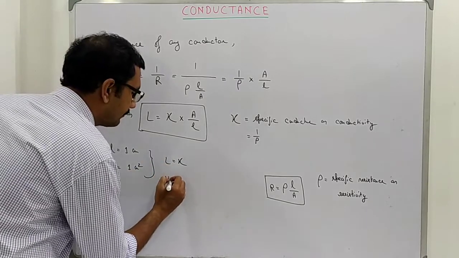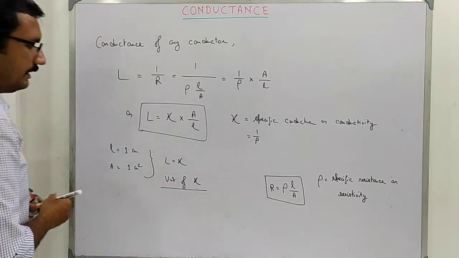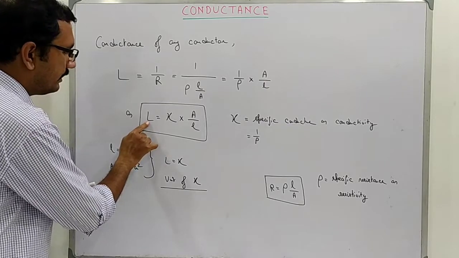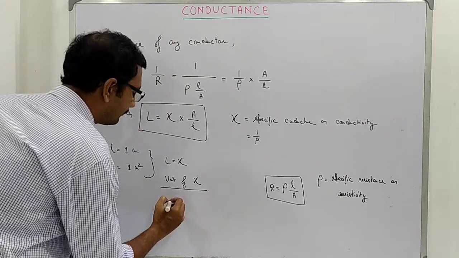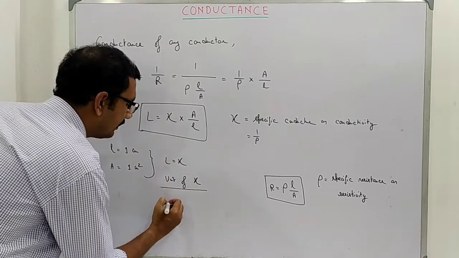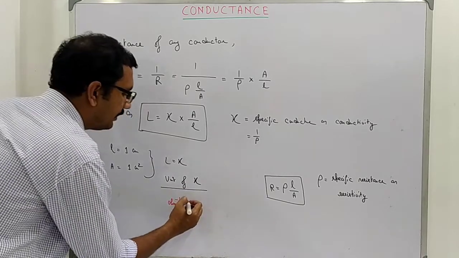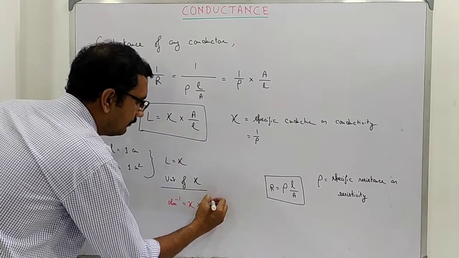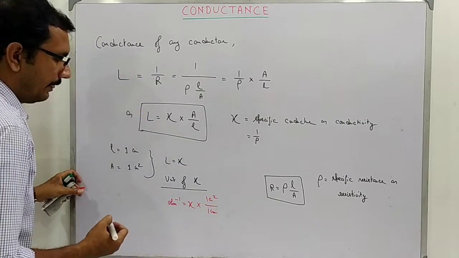So, what will the unit of the specific conductance or conductivity give us? Let us put the values. What is the unit of L? We have just obtained it. L is 1 by R, so it is ohm inverse, equals kappa, which we have to determine, and A is 1 centimeter square and the length is 1 centimeter.